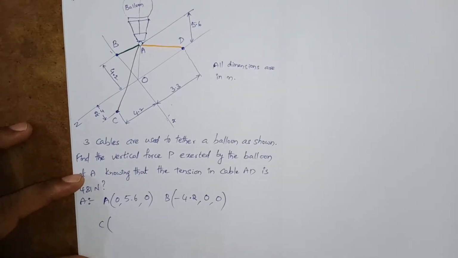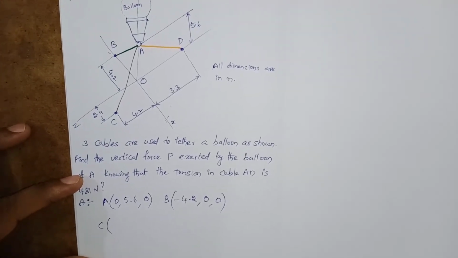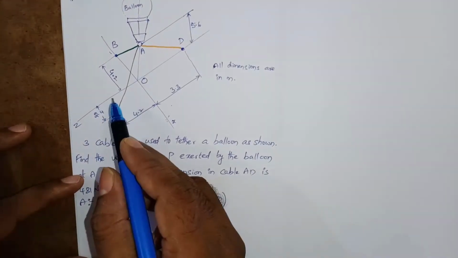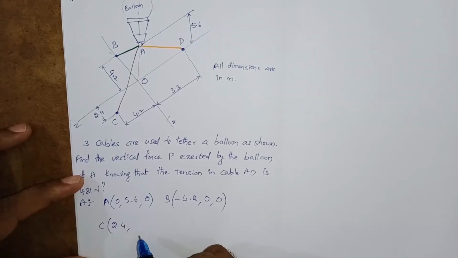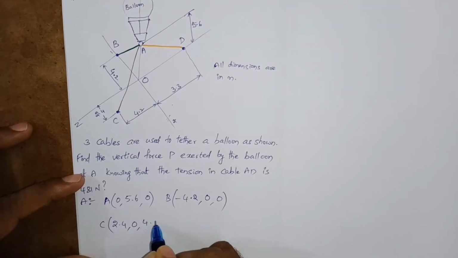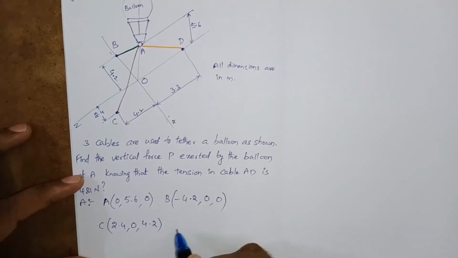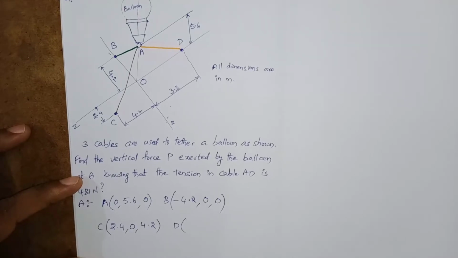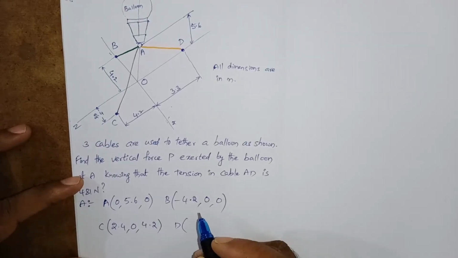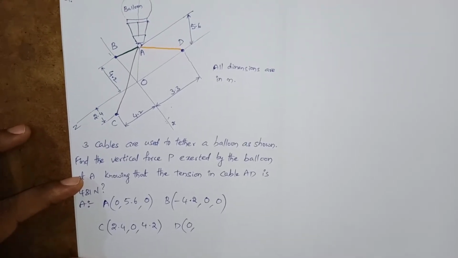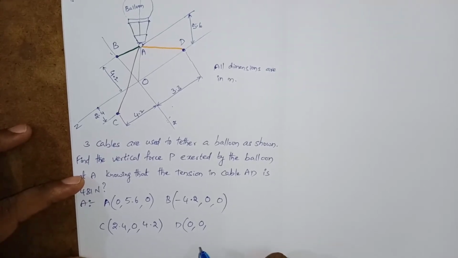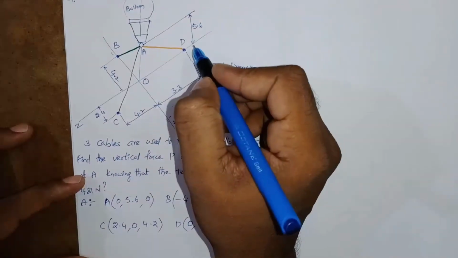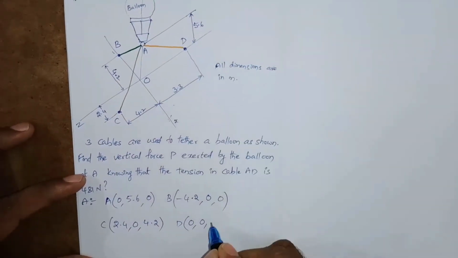Coming to C, the x coordinate here is 2.4, the y coordinate is 0 as it is in the x-z plane, and the z coordinate is equal to 4.2. Next D, the x coordinate is 0, the y coordinate is also 0, and the z coordinate is minus 3.3.